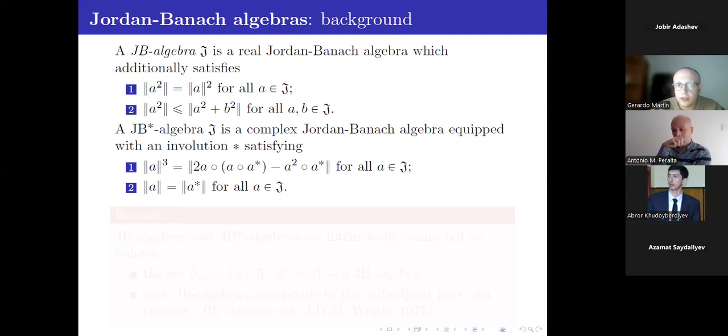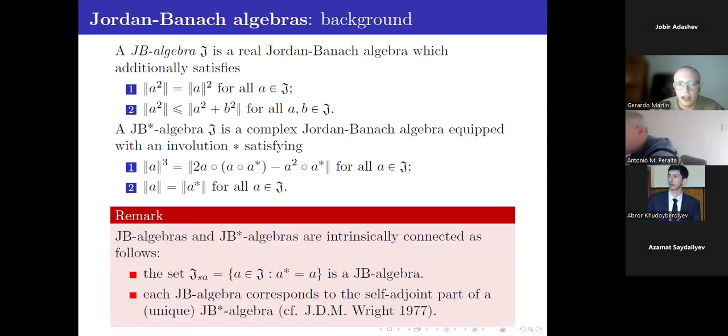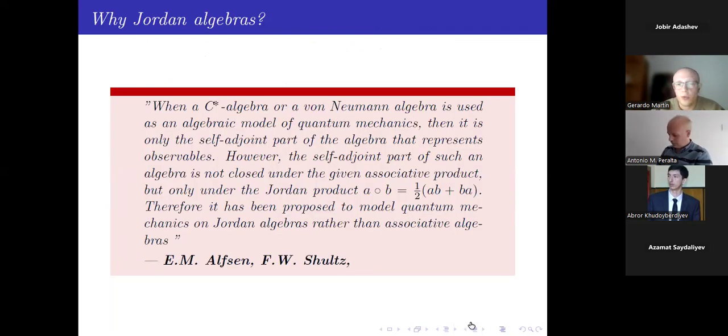And these two classes of Jordan algebras are related due to a result by Wright in 1977, where the self-adjoint elements, which are the elements that satisfy that the involution of the element is equal to the same element, and each JB algebra corresponds to the self-adjoint part of a unique JB-star algebra.